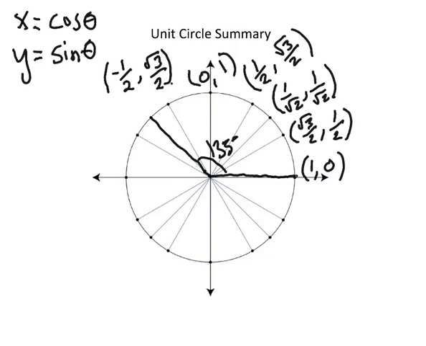And at that point, I'm going to have an x value of negative 1 over root 2, right? It's a nice reflection of this point here, and a y value of positive 1 over root 2. All right, so your job is to try and finish filling in this whole circle as you go around, to figure out what each angle is and figure out what the x and y components of those angles are.